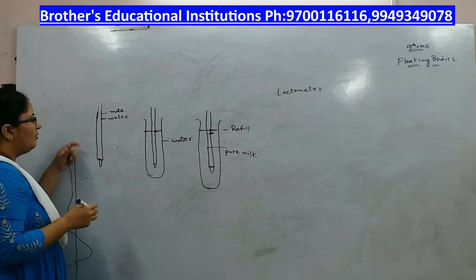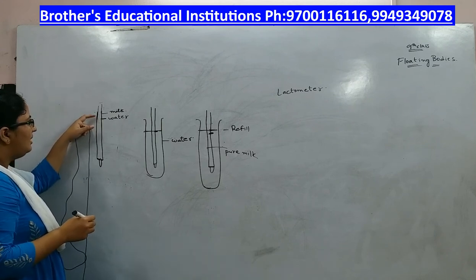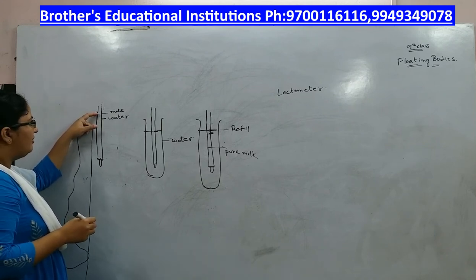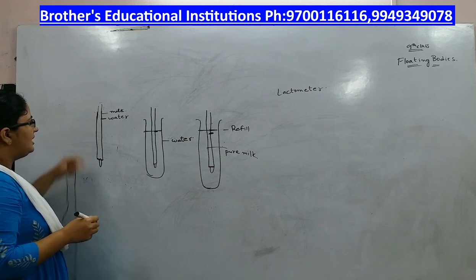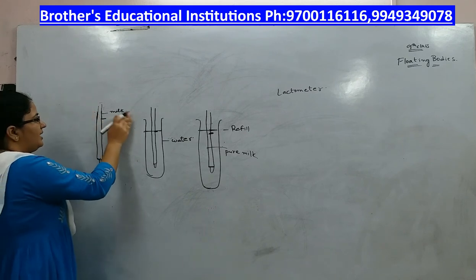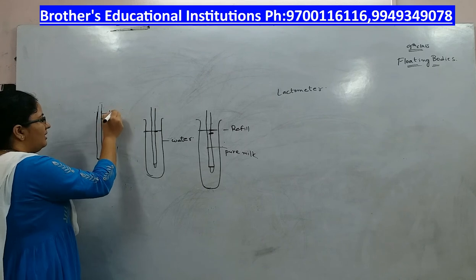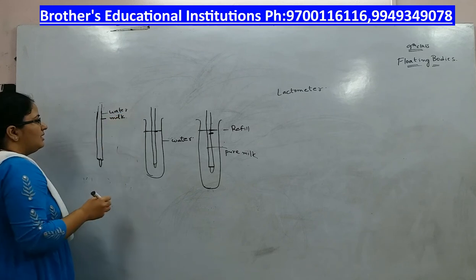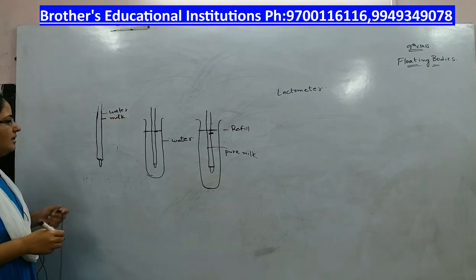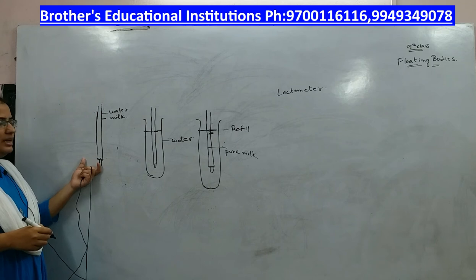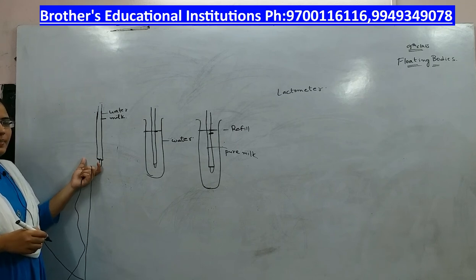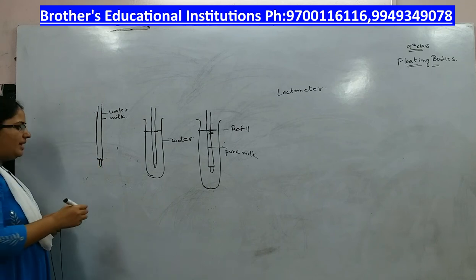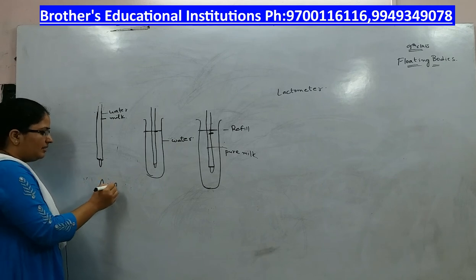You've got the level of water here, and the level of water will sink more, so we'll write the level of water here and the level of milk here. So if you put this refill in different containers having milk.